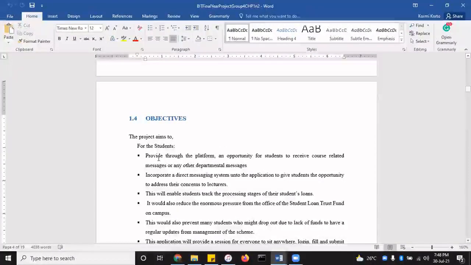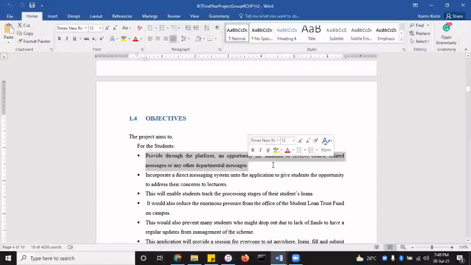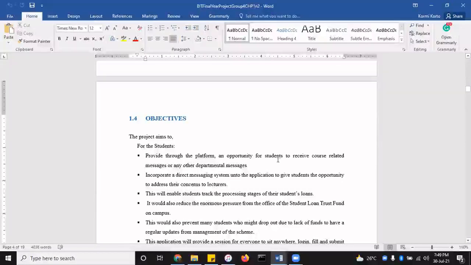So that should probably be the objective there. Because before you can accomplish the messaging system, you must have built something that will do that. So in this place you're supposed to say to build an integrated messaging platform that can assist with course-related messages or other departmental messages. Yeah, that should probably be the objective.